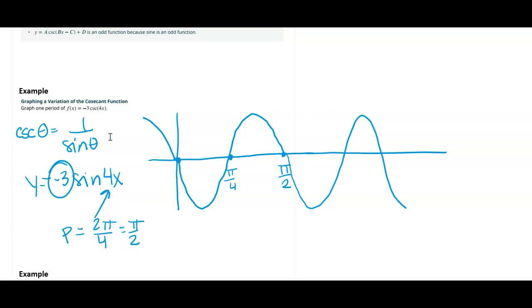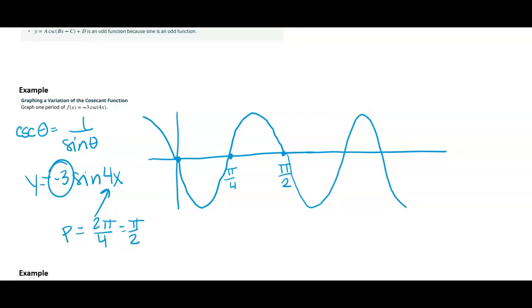All right, let me change my color for my now cosecant graph. For cosecant, I'm going to have vertical asymptotes everywhere where my sine function is 0.